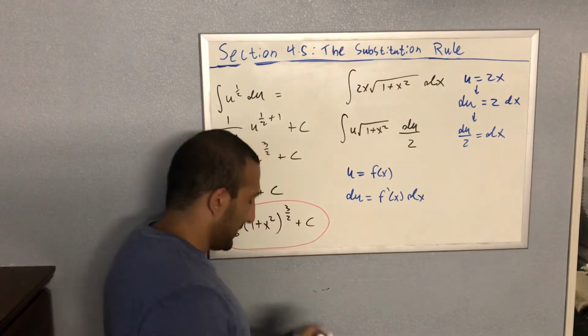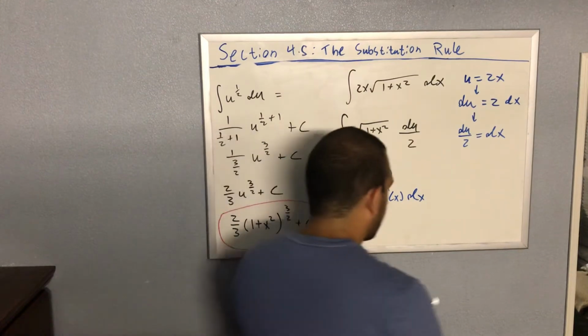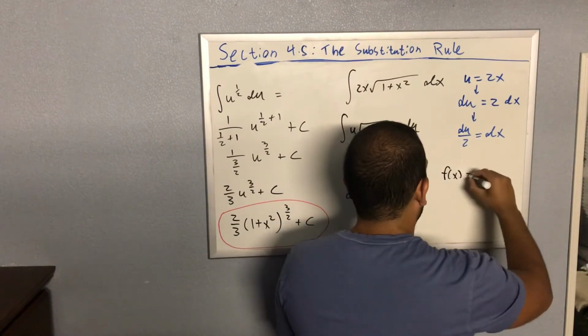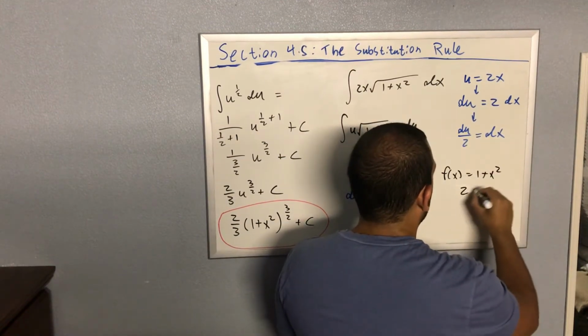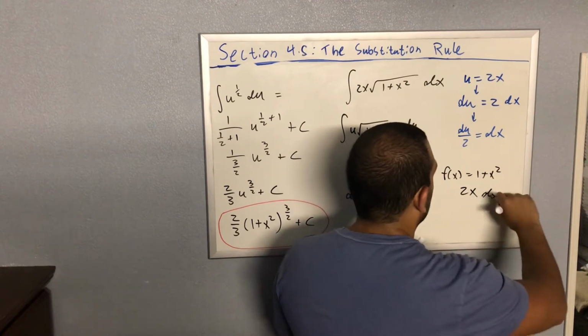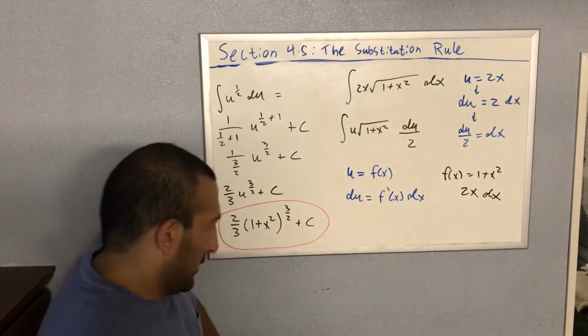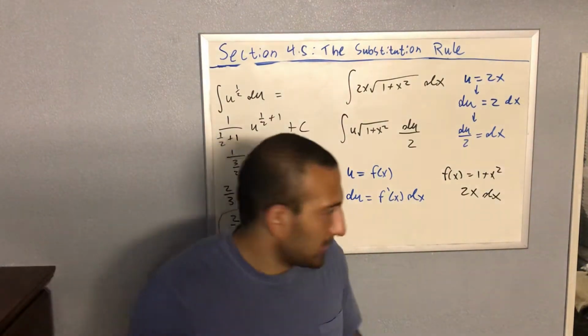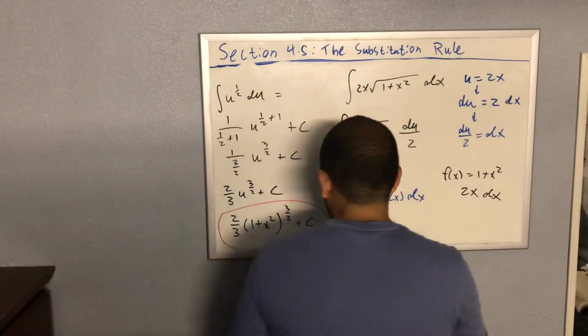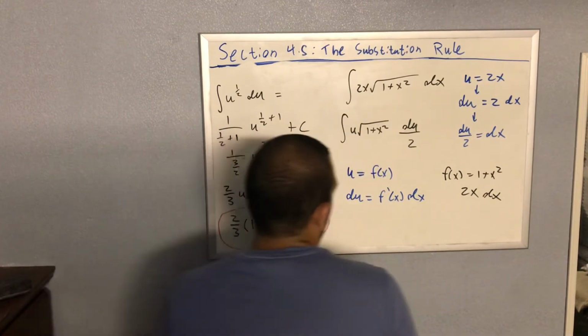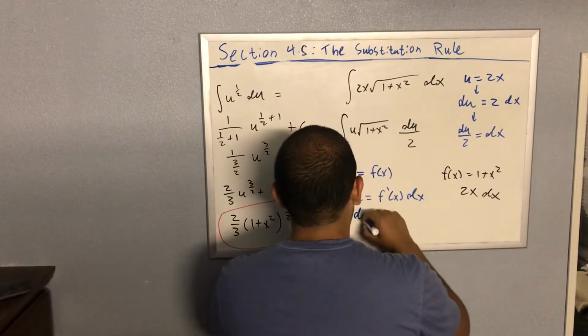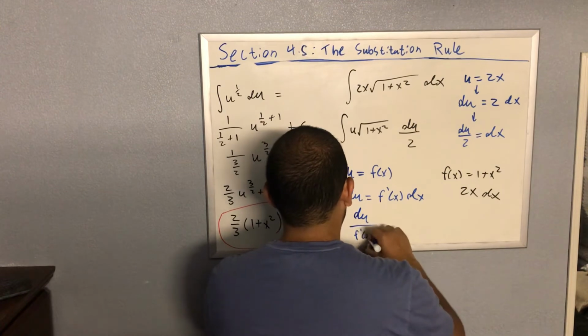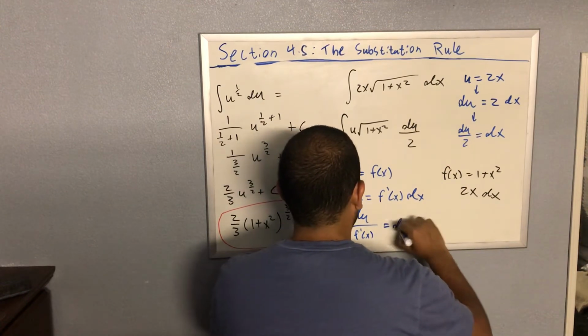In the other case, f of x was 1 plus x squared. Its derivative was 2x, and then we tacked on the dx onto that. So that's what f prime would be in that case. And then once you do a little bit of algebra, you just get du over f prime of x is equal to dx.